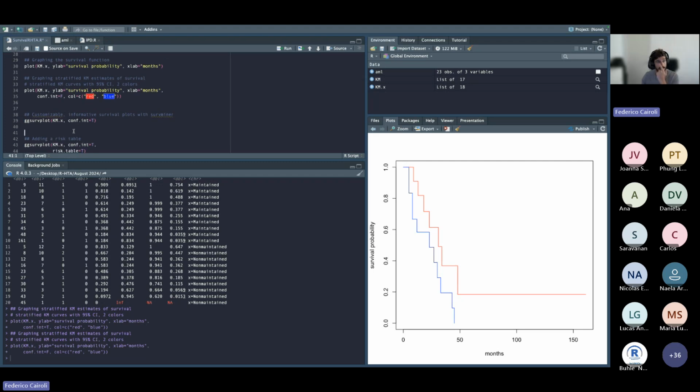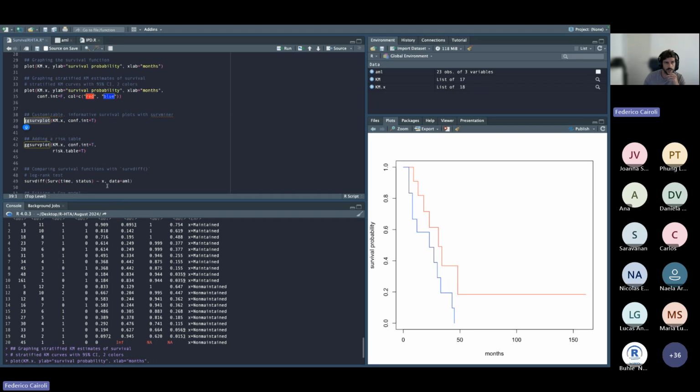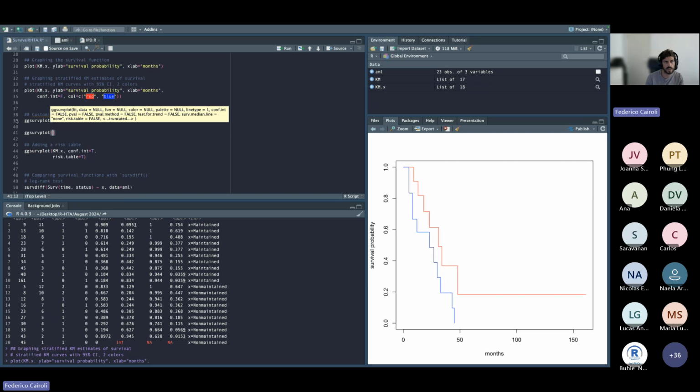And there is another function, more complex than this plot, which is called ggsurvplot. Basically, if you activate these libraries that I already shared with you, you just have to put the name of this function, and again, between parentheses, the name of the object that you would like to replicate the graph for, and we can also set the confidence interval true or false.